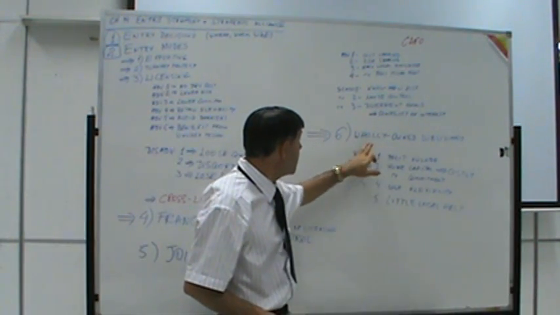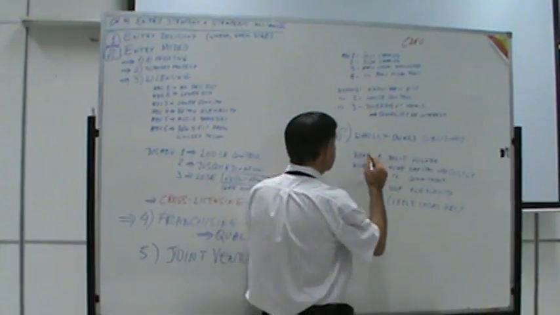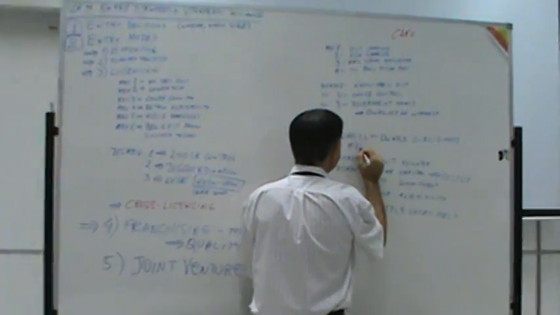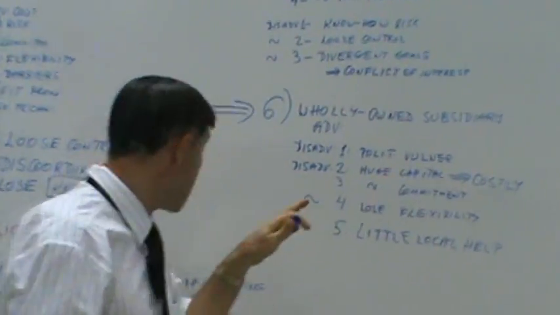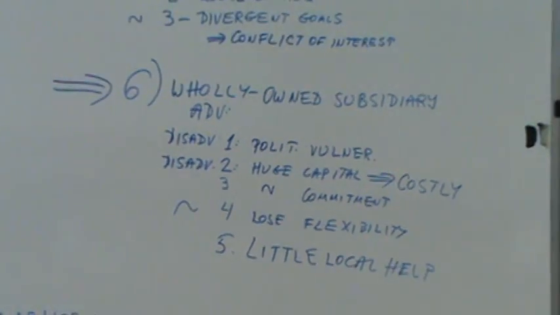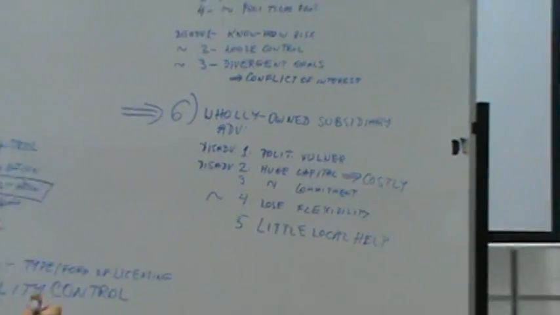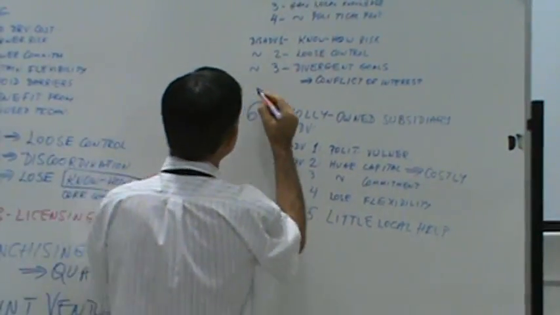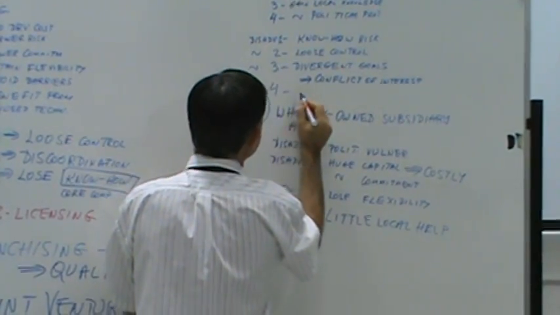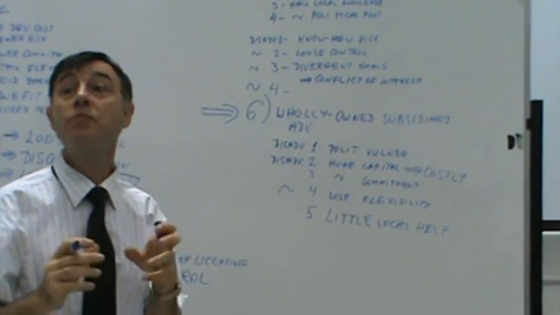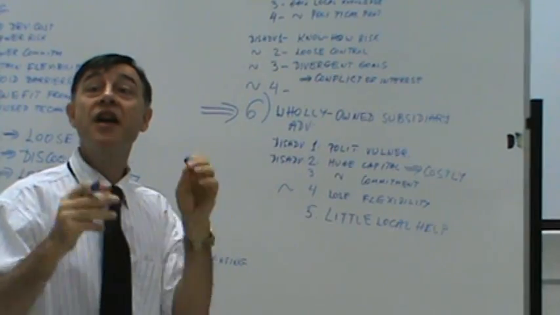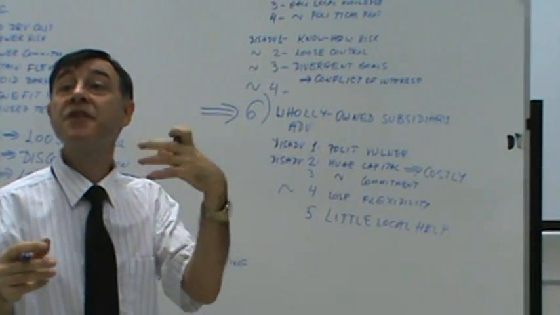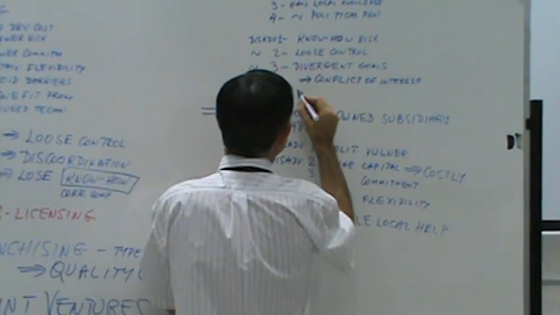Let's try here one disadvantage which I never really outlined in the previous one. A major disadvantage in a joint venture is the attempt to merge or marry different corporate cultures.